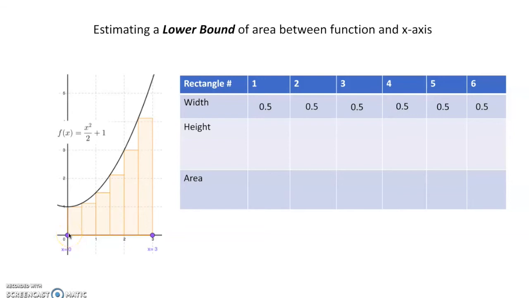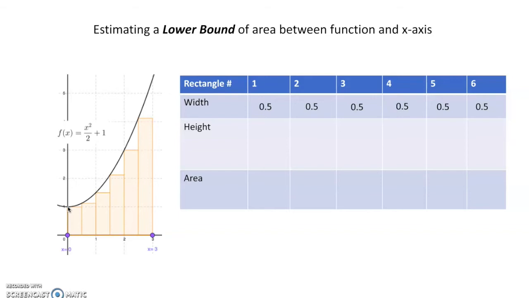Now, this is where it becomes very, very useful in drawing a picture, because if I want to know the height of this rectangle, well, this first one is easy just by looking at the graph. You can see that it's 1. But what's really important here to notice is that the height of this rectangle is the same as the value of the function at x equals 0.